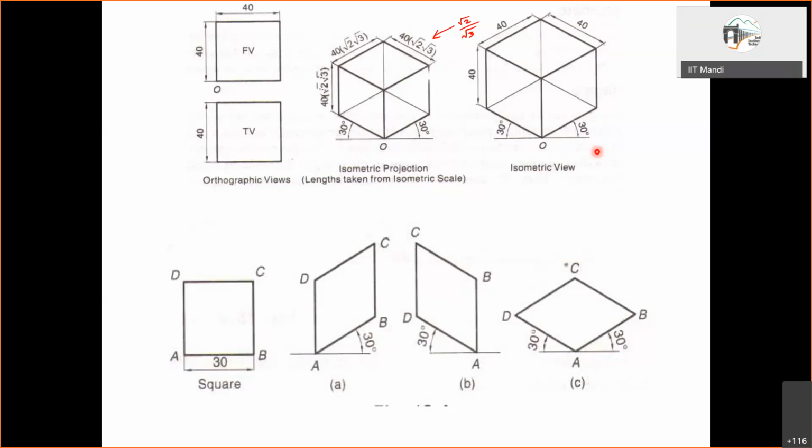So here now at the bottom, we have this square, and this has been shown in three different orientations: A, then B, and then C. If you compare it with the given views above, you see this A is representing when this square is drawn by keeping it in this configuration, right?